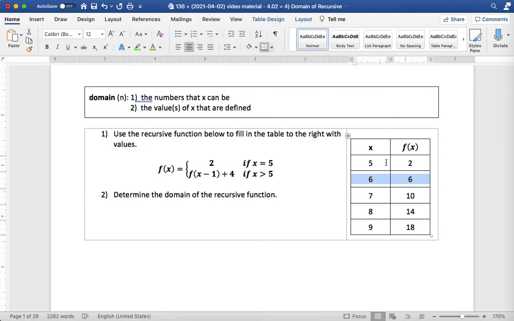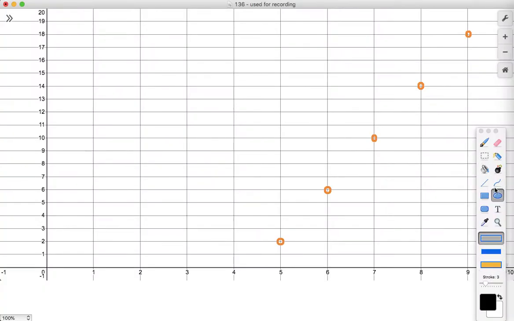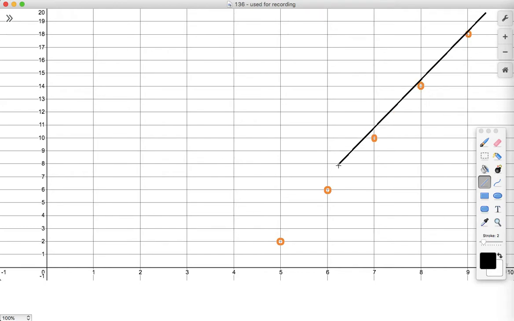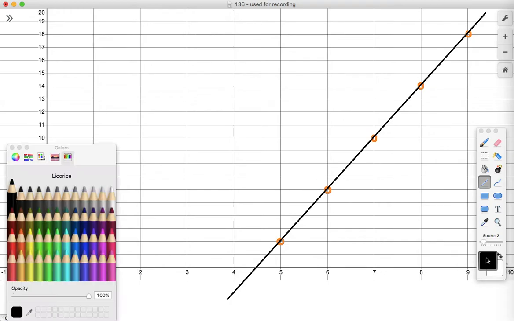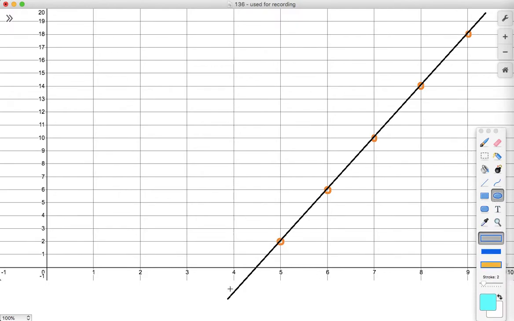Now, some of you might look at this graph right here and say, oh, just looking at this, I can tell that. I can put a nice little line through all of this. And so therefore, when x is equal to 4, my y is right here, which would be -2.